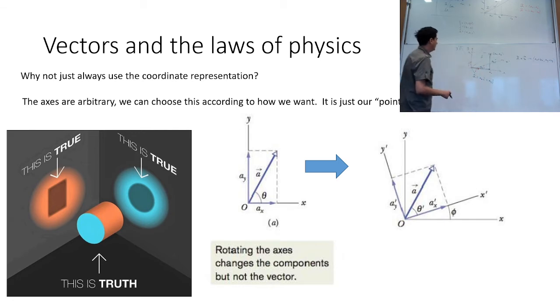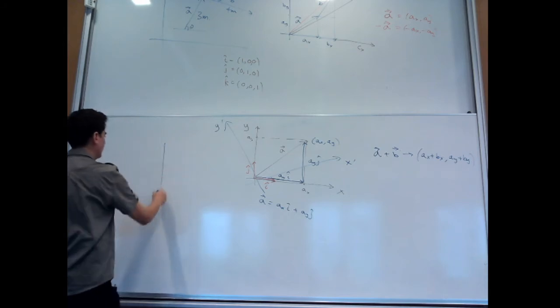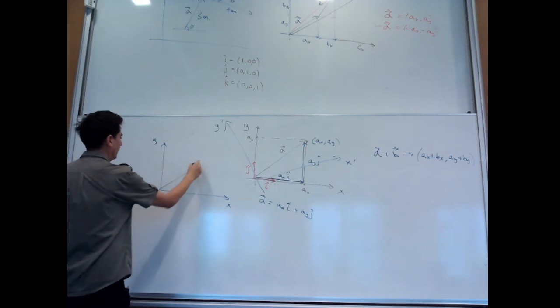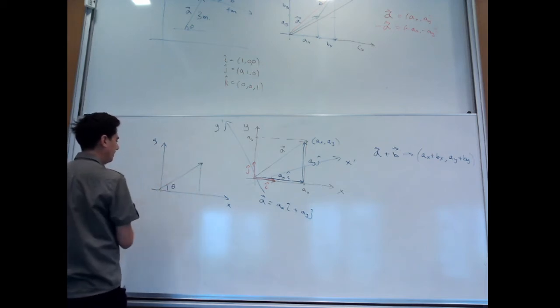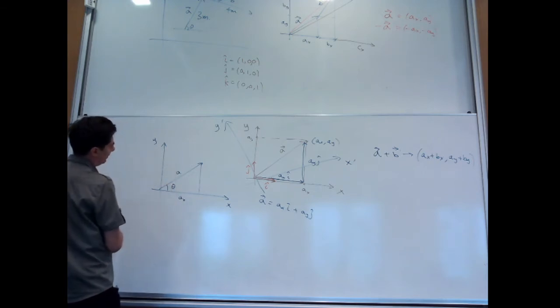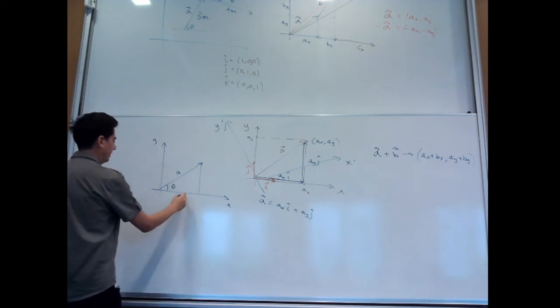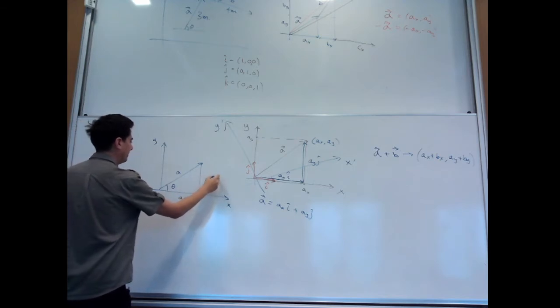Just to show you that the length of the vector is going to be unchanged, consider you have some vector here, and say originally it has some angle theta, and the original length of this would be a, little a, and the components of this would be a cosine theta and a sine theta.